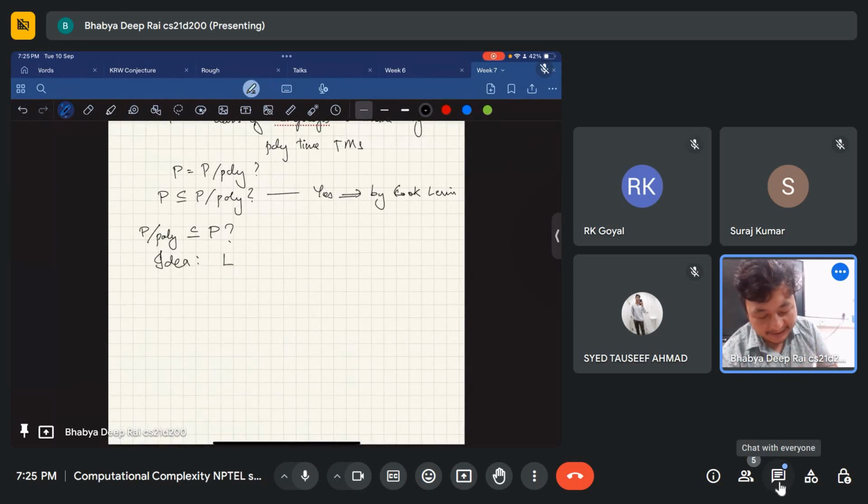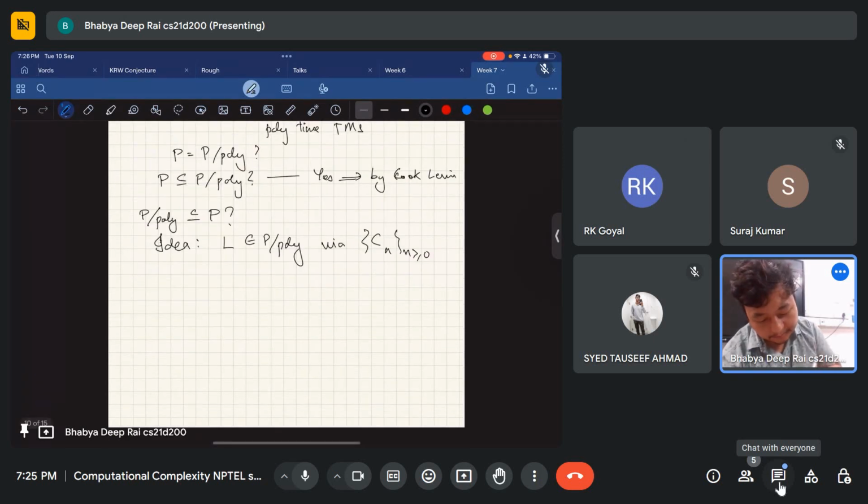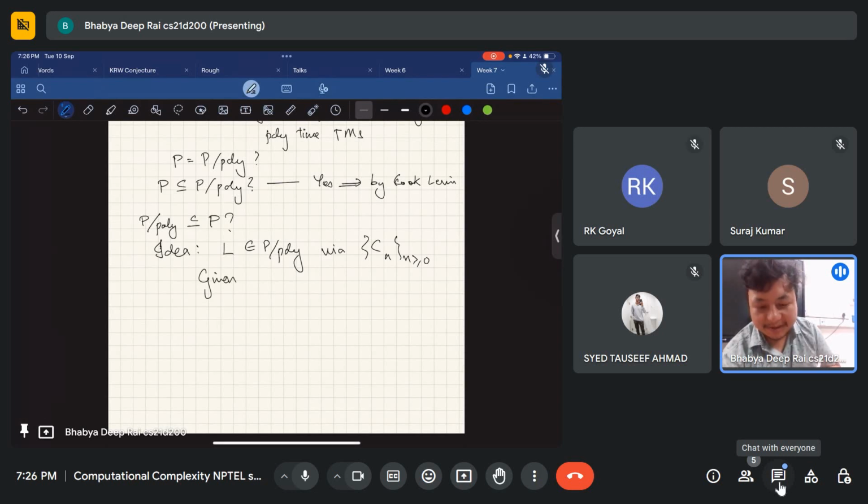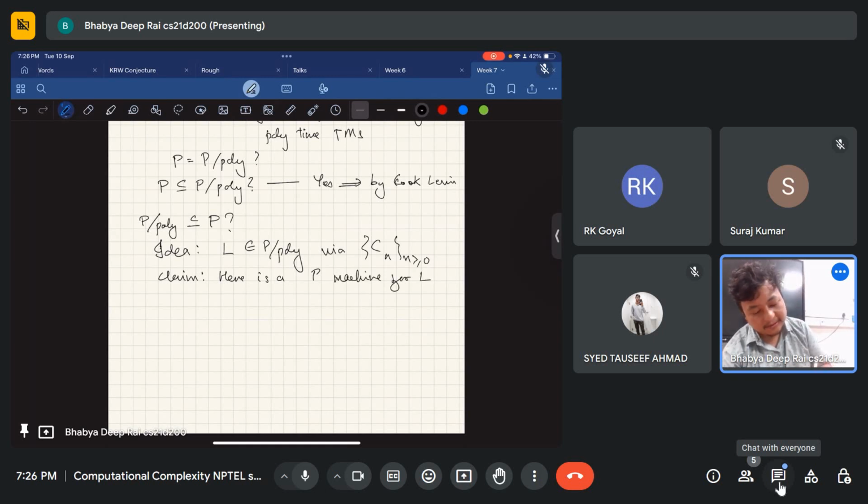Okay, L is a language in P/poly via circuit family Cn. Now I'll give a P machine. The claim is that here is a P machine for L on input x.